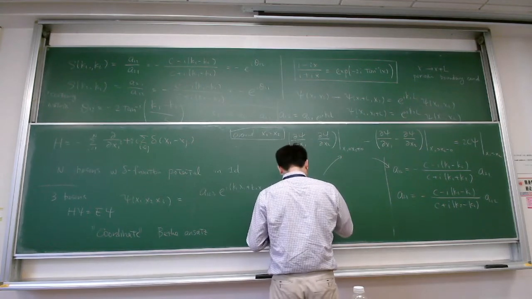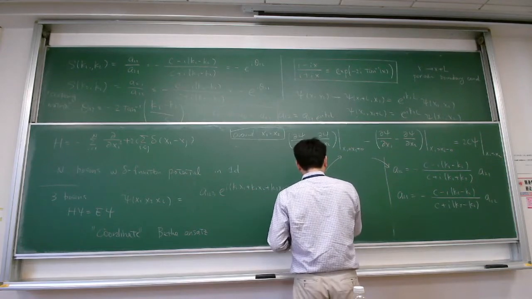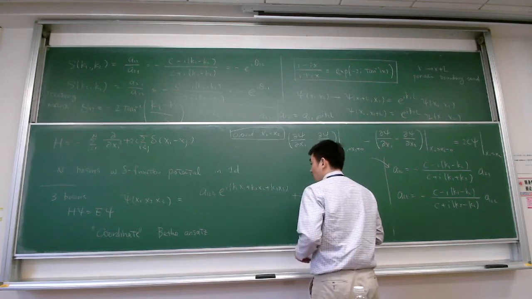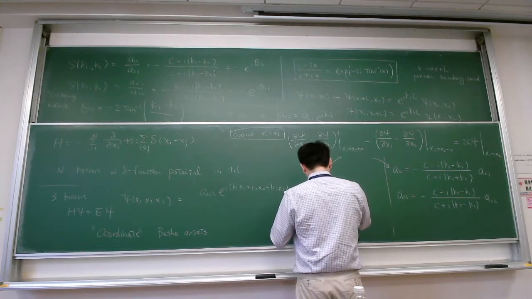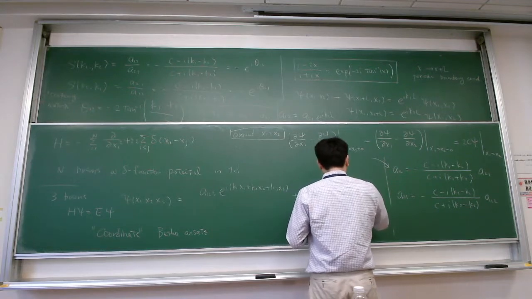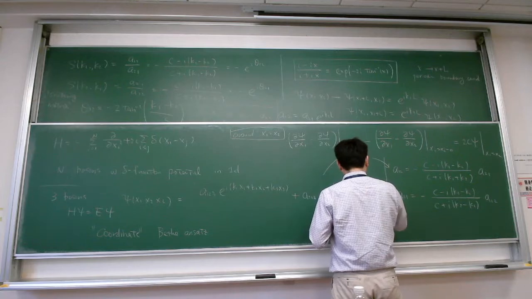A213 is equal to, you just do the permutation symmetry: e to the i (k2 x1 plus k1 x2 plus k3 x3).